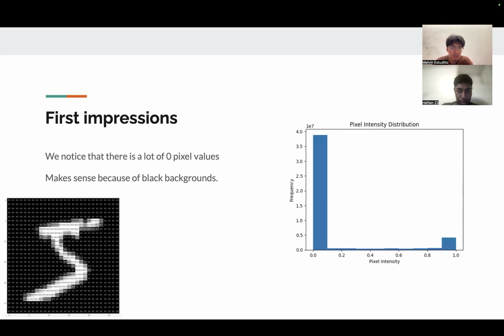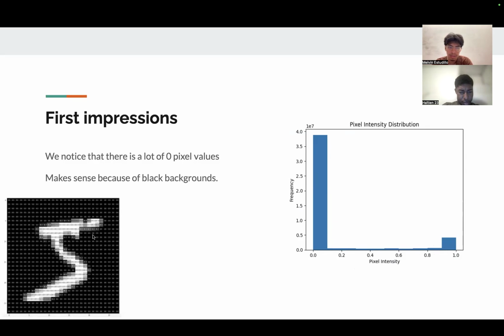Like Stefan was saying earlier, these are our first impressions. Notice that there are a lot of zero pixel values here. As you can see, it's not that easy to see here. Most likely these images were inverted, as we tend to write in black, but just for the sake of seeing and understanding these images, we see that we have pixel intensities that tend towards zero, and the numbers themselves are what increase the pixel intensity here.